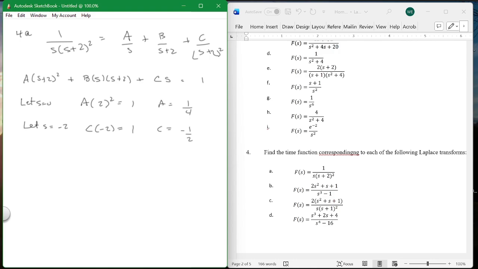So let's look at this for a second. I've got A times s plus 2 quantity squared plus B times s plus 2 plus C s equal to 1.